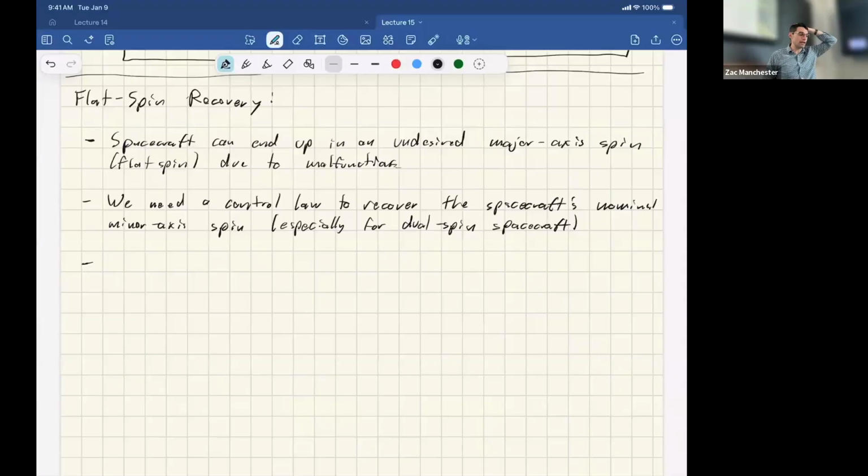So a really easy way to derive a controller that can do this is to think about energy. I want a control law that will essentially pump energy into the system. Based on some very simple arguments, if I just pump energy into the system and increase the kinetic energy, it will eventually converge to a minor axis spin. Does that make sense? So let's write that down and check it out.